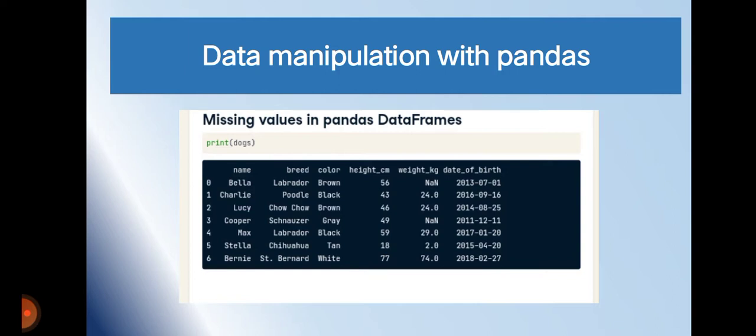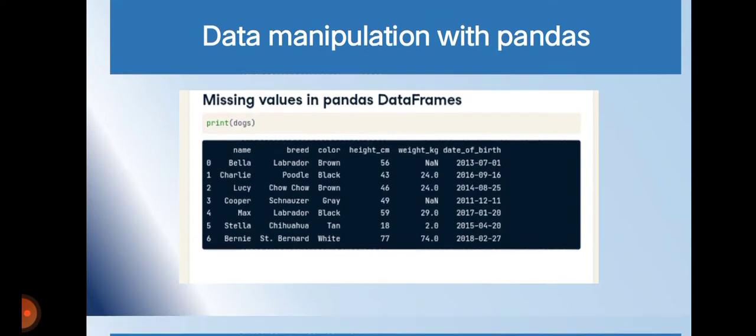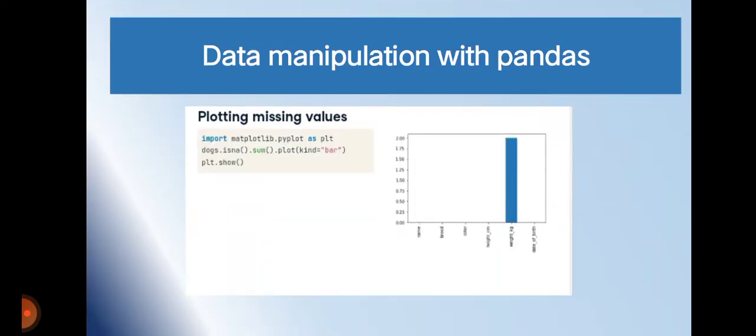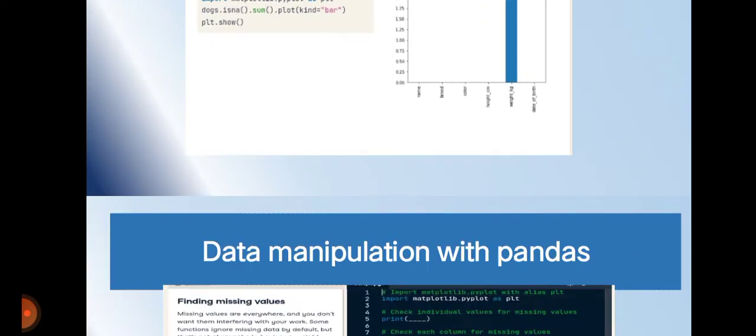So for this, we will use methods basically to find out the missing values, and by using Python, we can easily find out the missing values. The next is how to plot missing values. We will just import matplotlib as we have discussed earlier, and then we will show the result.